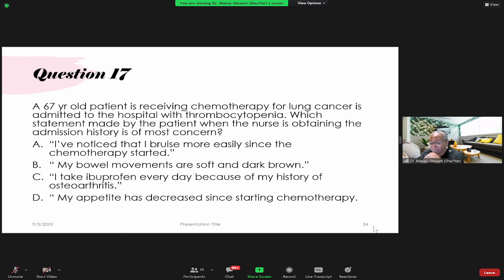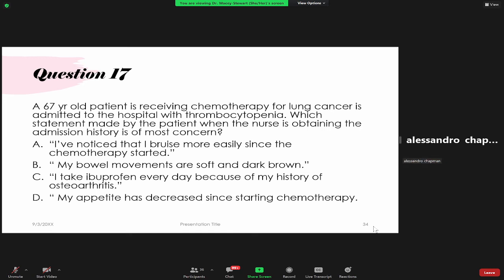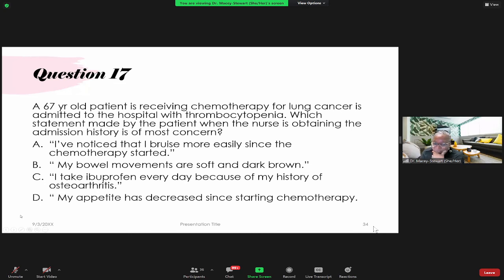But it doesn't mean that they're bleeding internally. If it had said the bowel movement is frank red blood, then yes. Does that make sense? Yeah, thank you. Okay. Don't forget, no NSAIDs with thrombocytopenia.